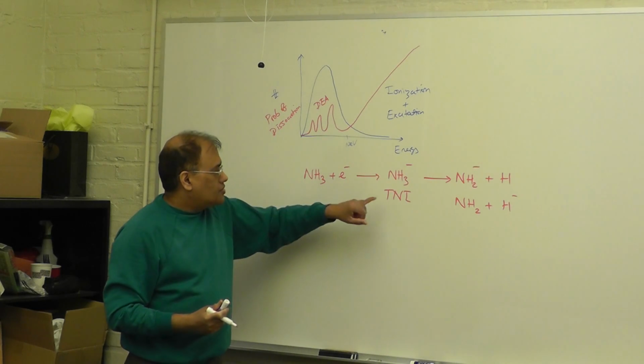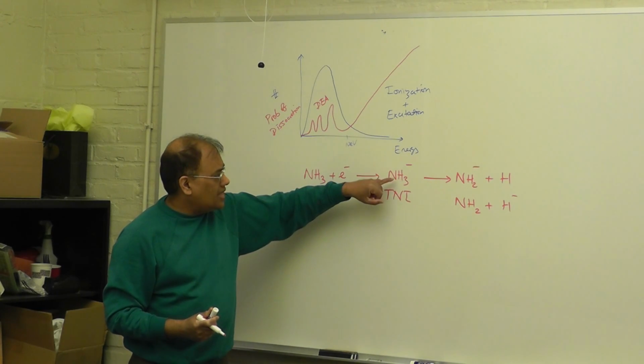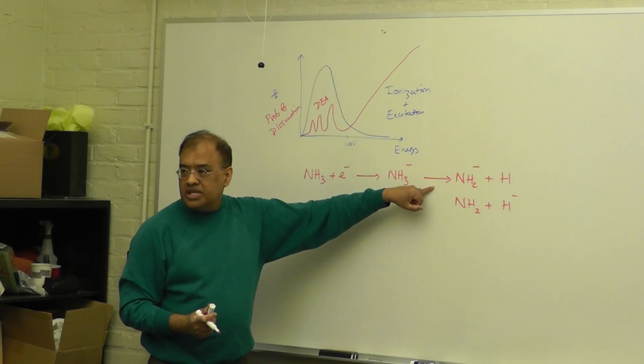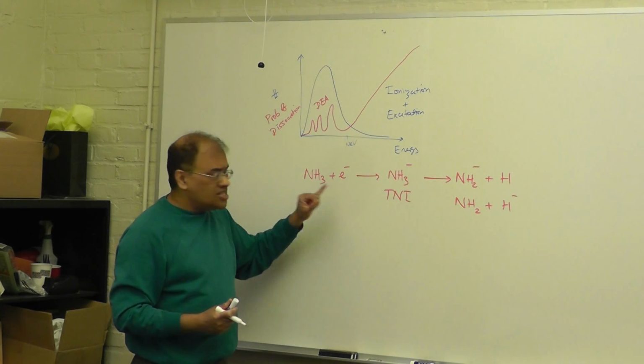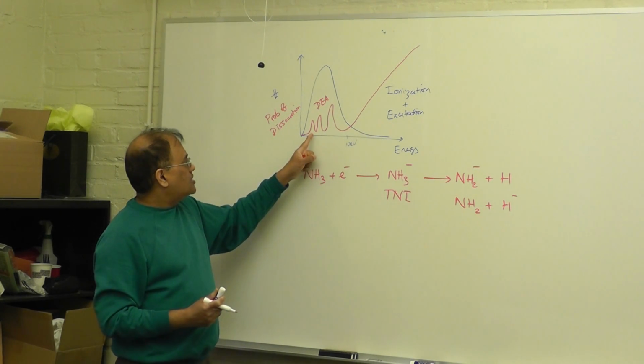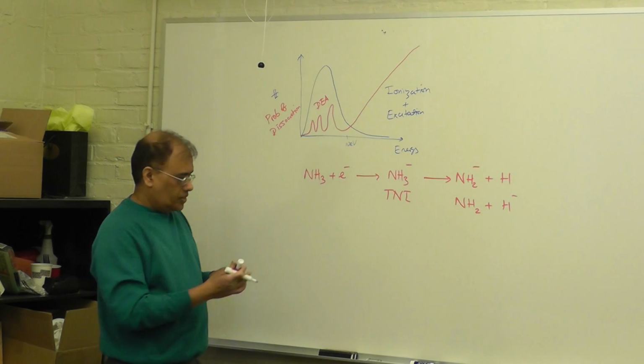Okay, so this temporary negative ion, this NH3 minus, falls apart, and therefore the molecule dissociates. This occurs only at certain energies.